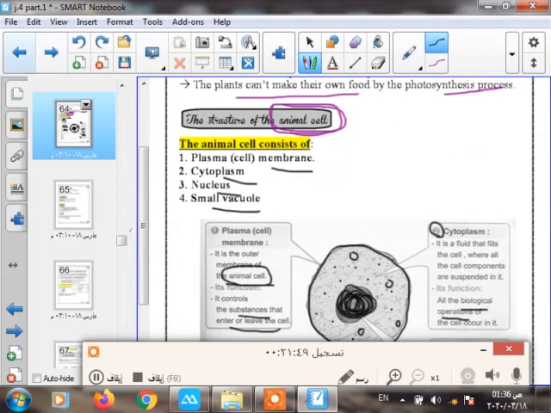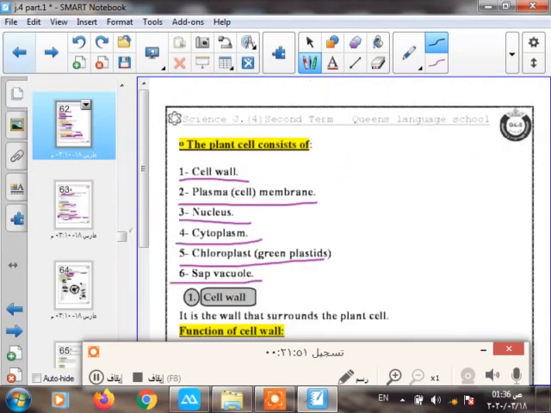In the plant cell we have cell wall, plasma membrane, nucleus, cytoplasm, chloroplast, and sap vacuole. Cell wall in the plant cell, found or not found? Found. In the animal cell? No, it's absent. Plasma membrane in the plant cell, found. In the animal cell, of course found.